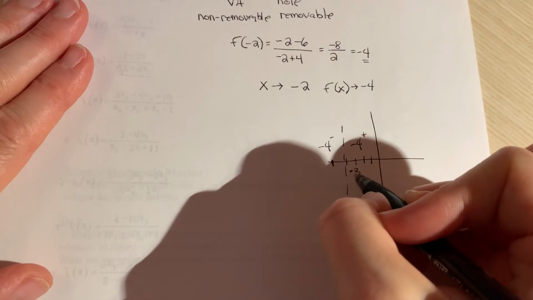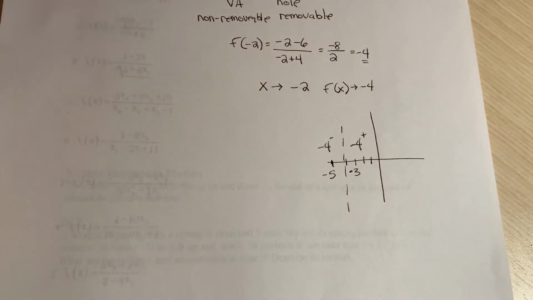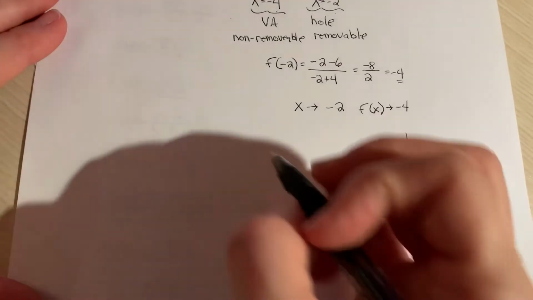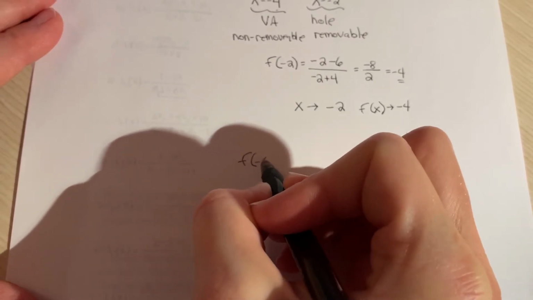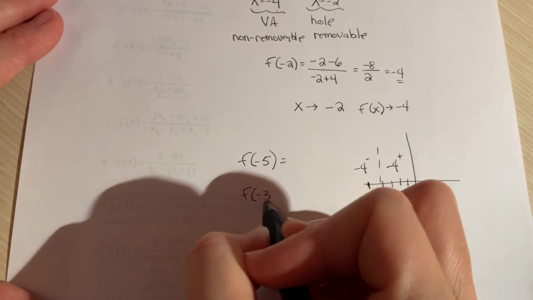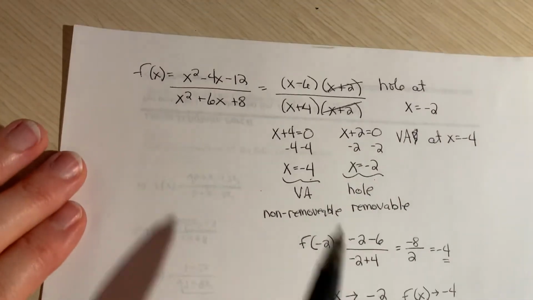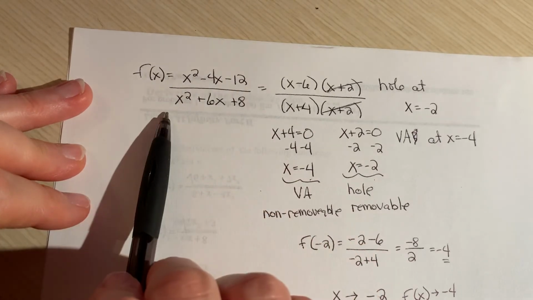So I'm going to pick -3 and -5. And all I need to check is when I substitute those into my function, do I get a positive number or a negative number? So what I want to find is f of -5, what that equals, and f of -3, what that equals. So for this, make sure you go back to your original function.